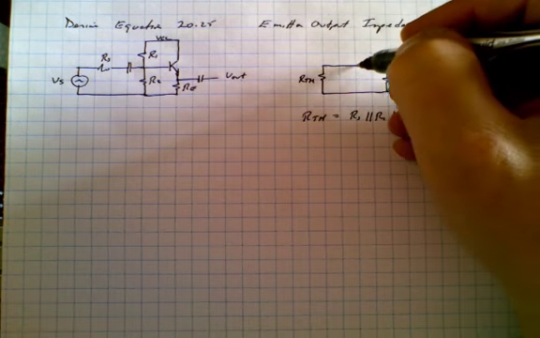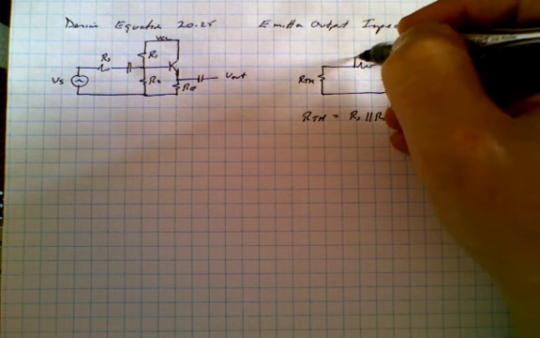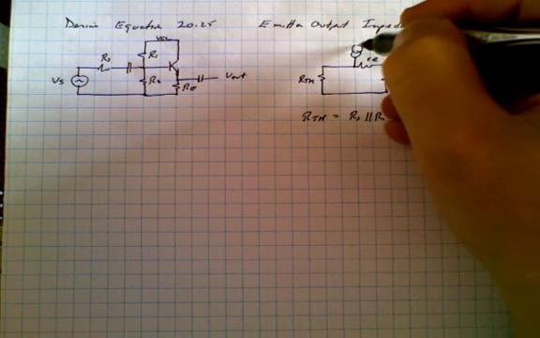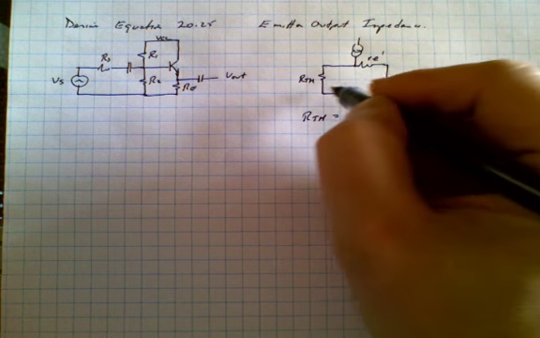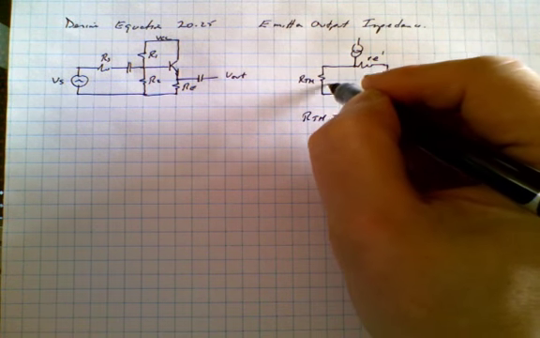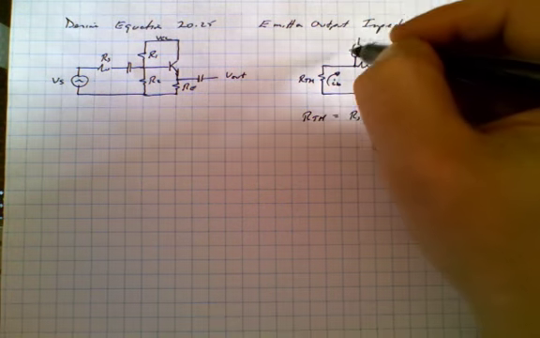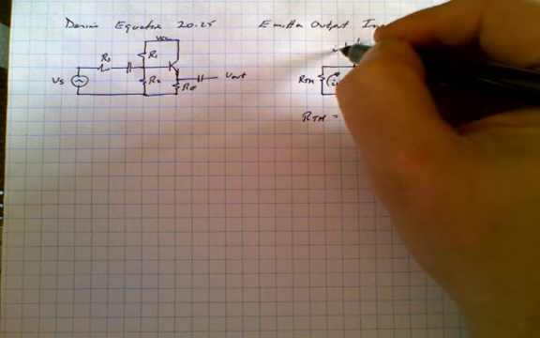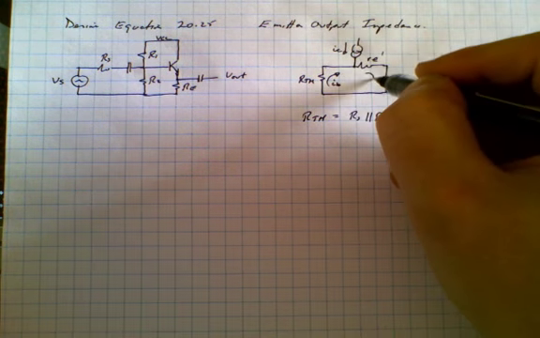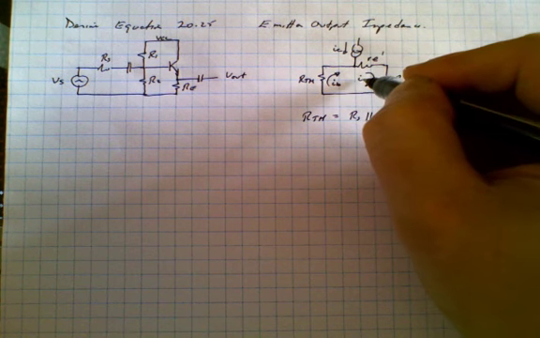That collector is located right here. Draw it as a current source. Now, in this part of the circuit, the current which is flowing is IB. In this part of the circuit, it is IC. And in this part of the circuit, it is IE.